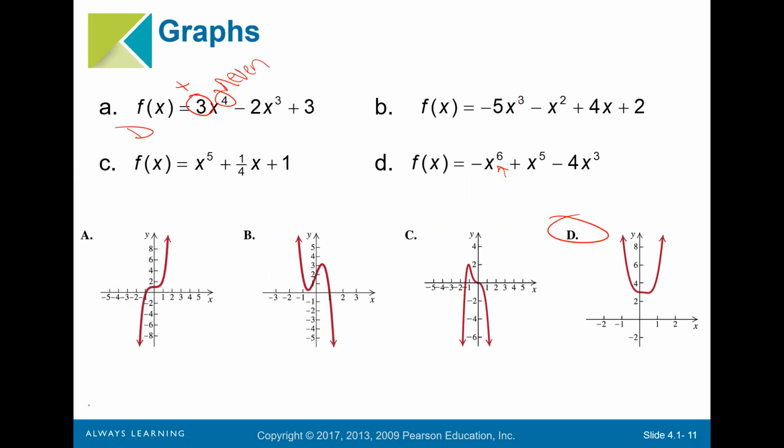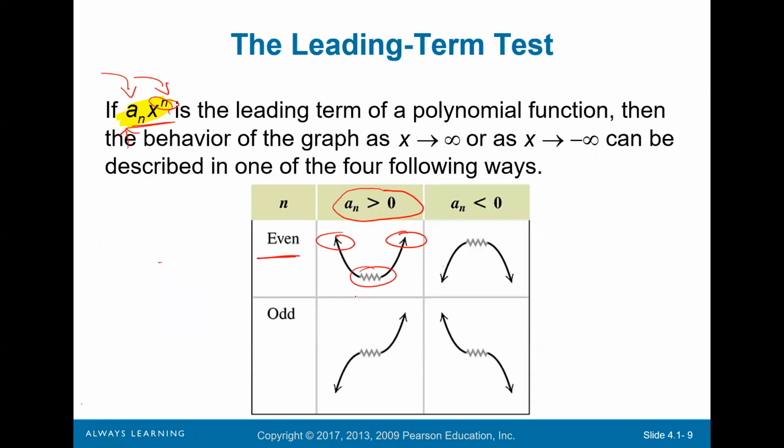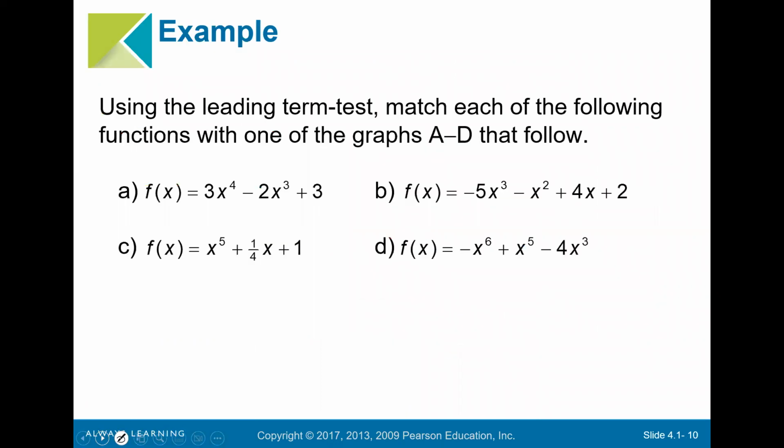All right. My N is odd and my A is negative. Let's go back. N is odd, A is negative. So we're going to have a decreasing from left to right. All right, so let's go there and pick that one.